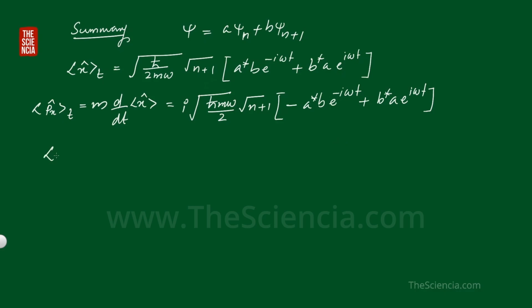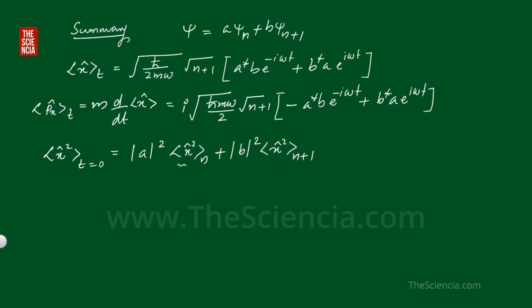And we got the expectation value of x square at time t equal to 0, that is equal to mod a square times the expectation value of x square in the state n, plus mod b square times the expectation value of x square in the state n plus 1.